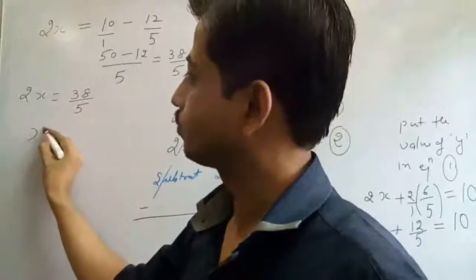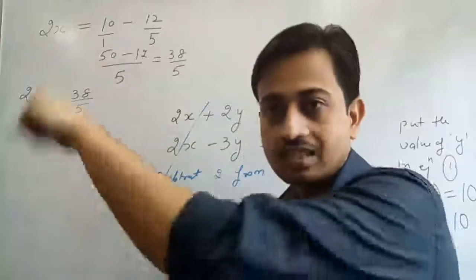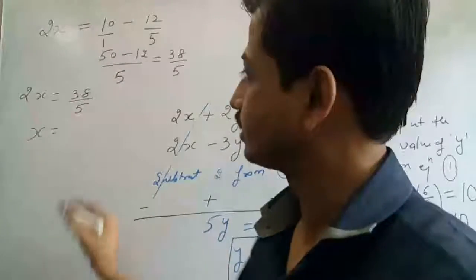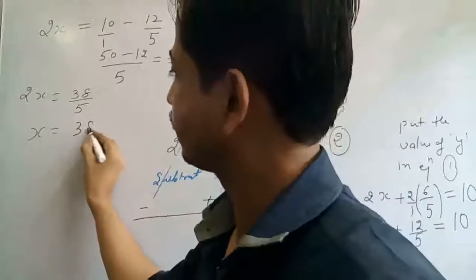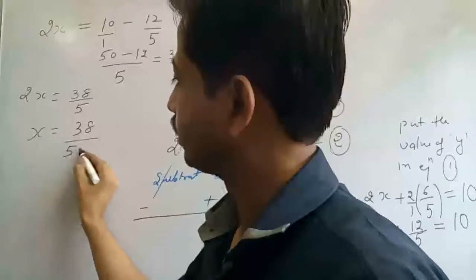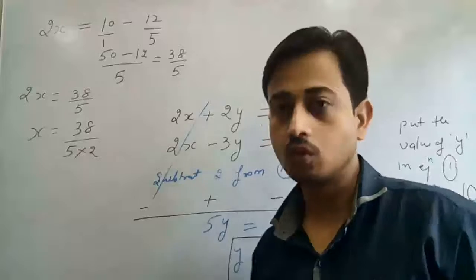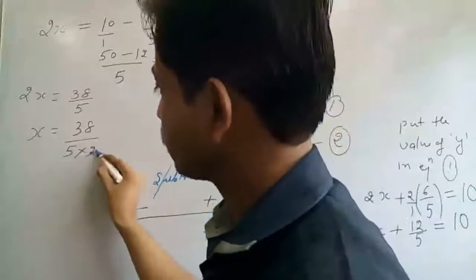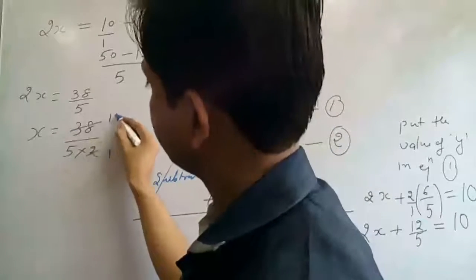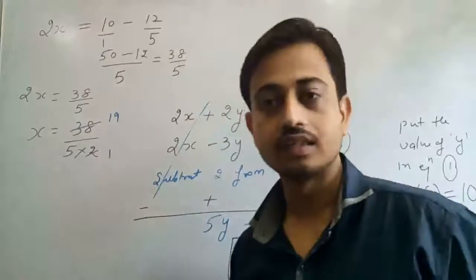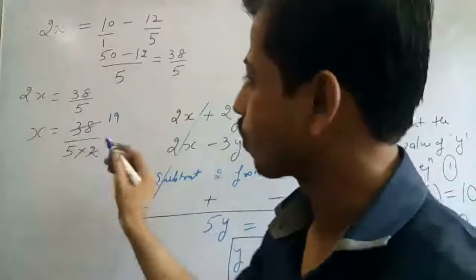Now what's the value of x? We have to take this 2 from 2x to the right hand side. 38 divided by 5 into 2. Now recall the table of 2. 2 ones are 2, 2 19s are 38. It means 19 2s are 38. So what do I get?